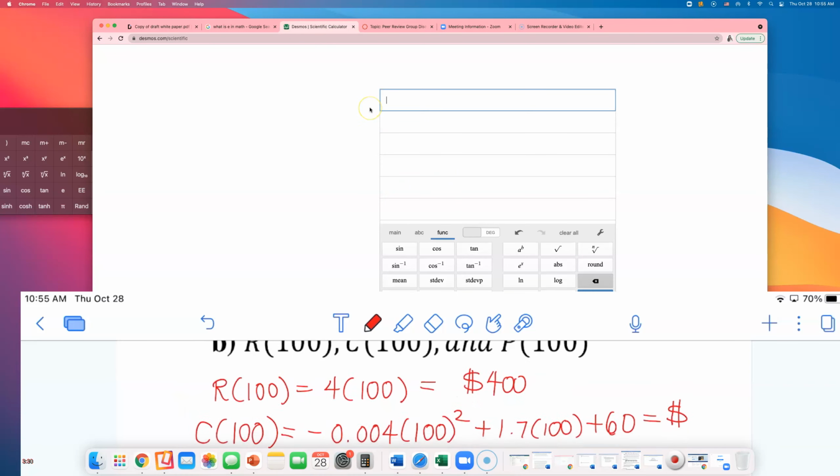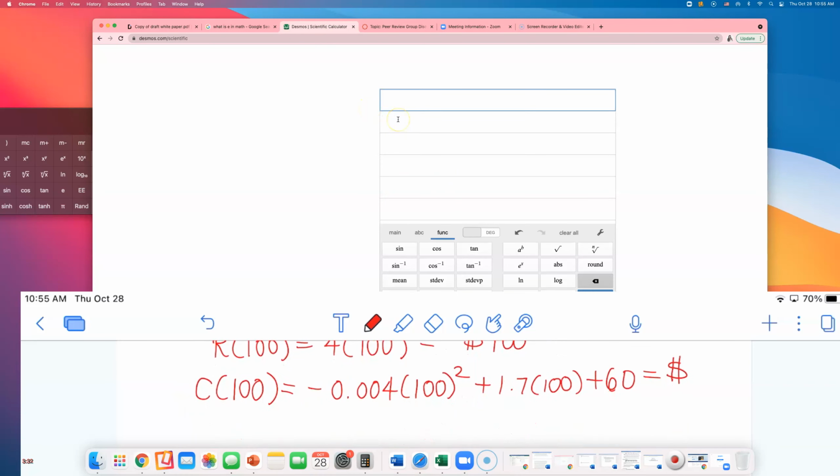All right, I'll type in C of 100: negative 0.004 times 100 squared plus 1.7 times 100 plus 60. And that comes out to be $190. So the cost of producing and selling 100 items is going to be $190.